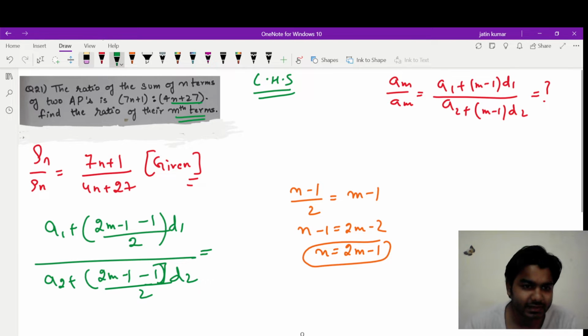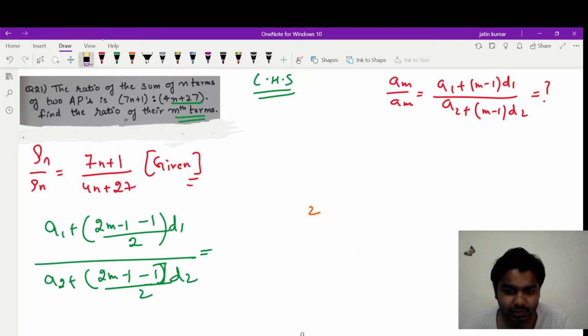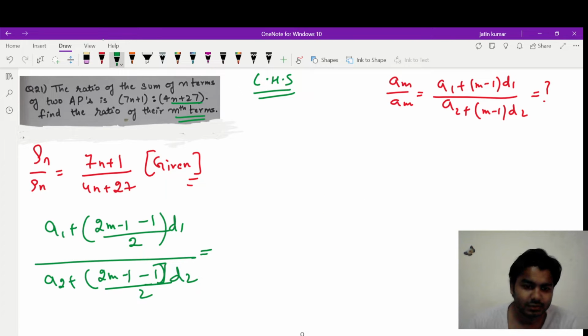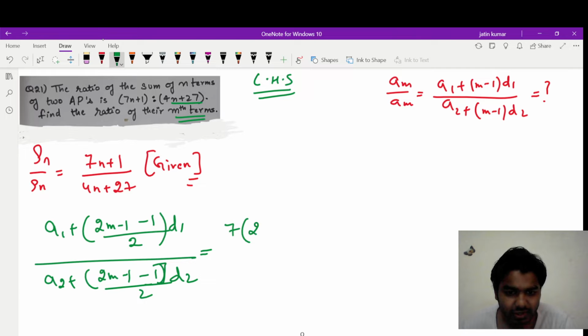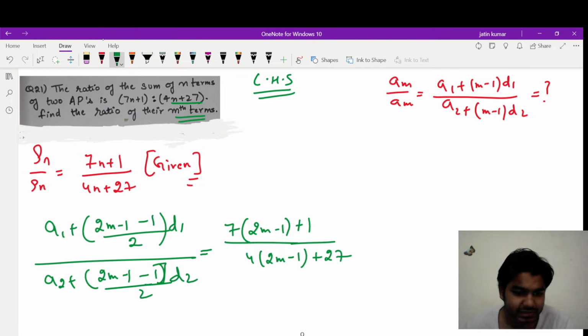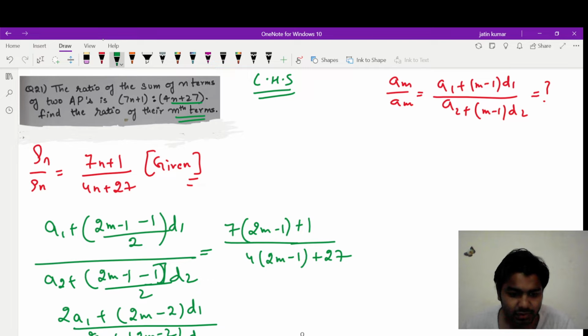On the right hand side, 7n plus 1 upon 4n plus 27 becomes 7 into (2m minus 1) plus 1 upon 4 into (2m minus 1) plus 27. So on the left hand side, taking the LCM, we get (2a1 plus (2m minus 2) d1) upon (2a2 plus (2m minus 2) d2), equal to, on the right hand side, (14m minus 7 plus 1) upon (8m minus 4 plus 27).